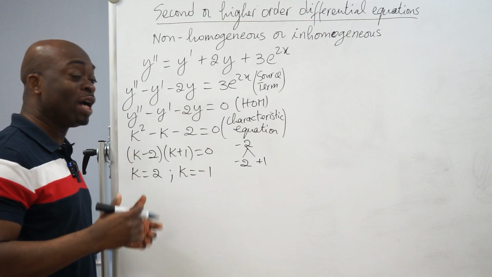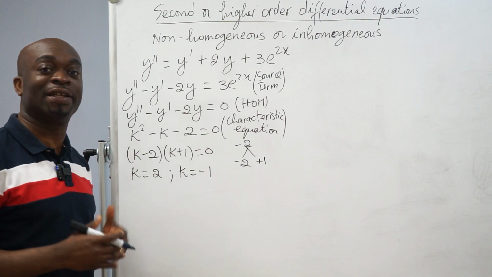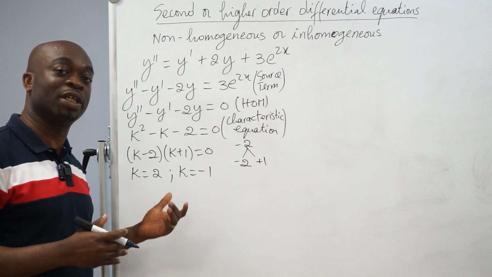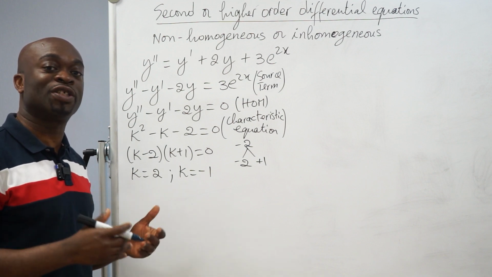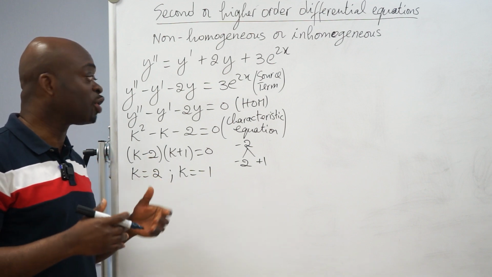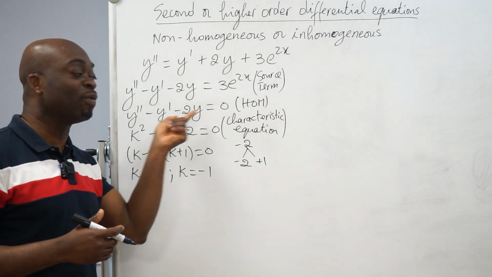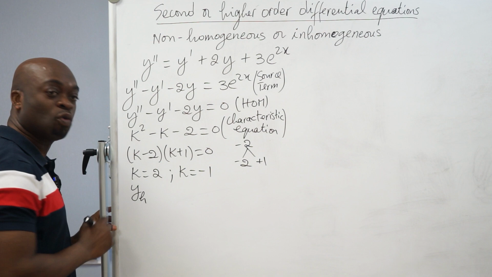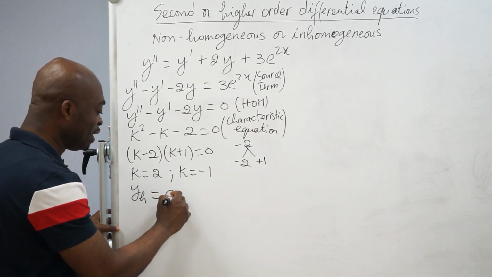All right. Now, once we get the values here, the zeros, or the solutions for this equation, how do we set up our homogeneous solution? Because remember, we're solving for the homogeneous equation in this case. So the homogeneous solution, we call it y sub h, equals what?